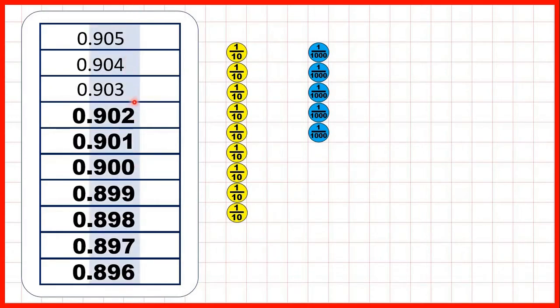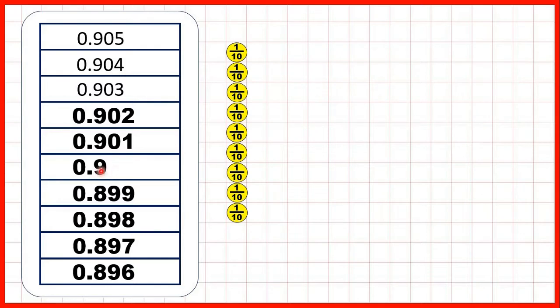So counting back in thousandths is similar to counting back in ones, but we get 0.900, and we don't need to write zeros on the end of decimals because 0.9 is the same as 0.900. So we can see what we're doing is taking away thousandths.